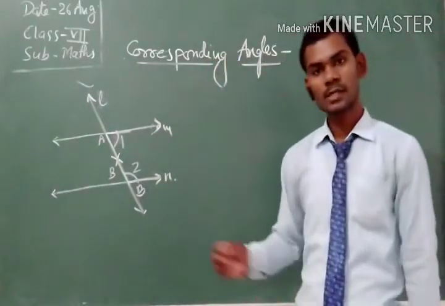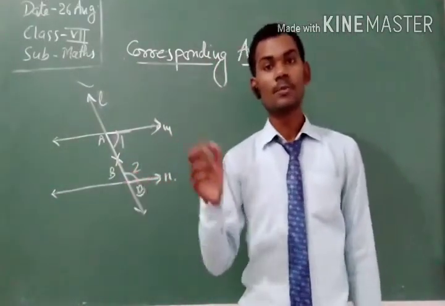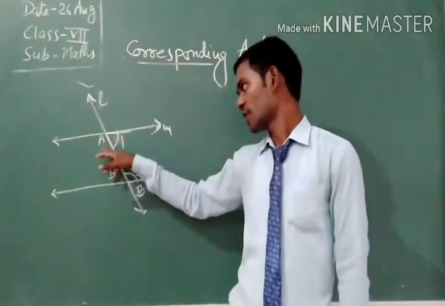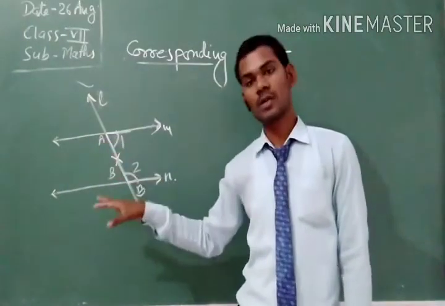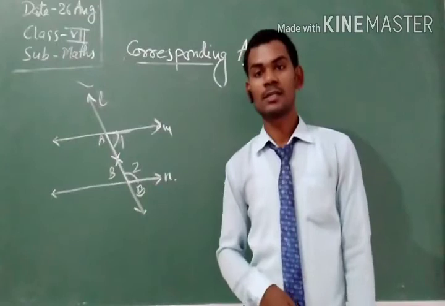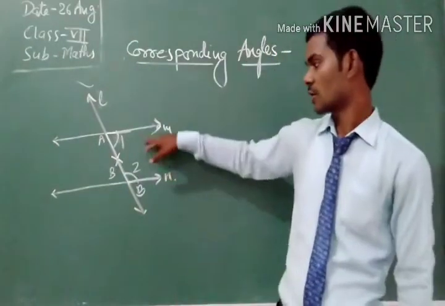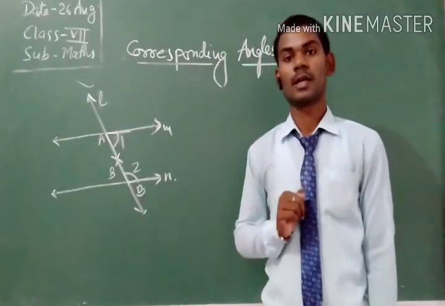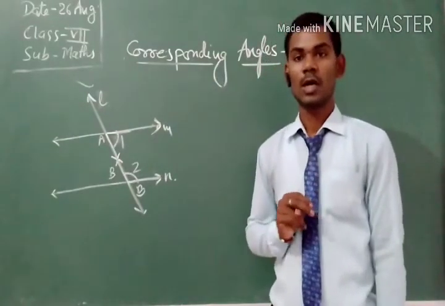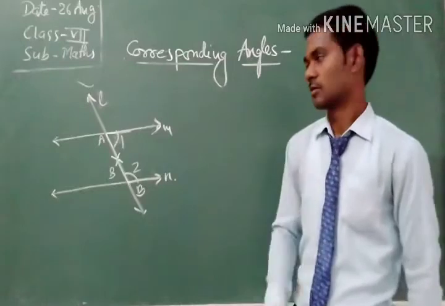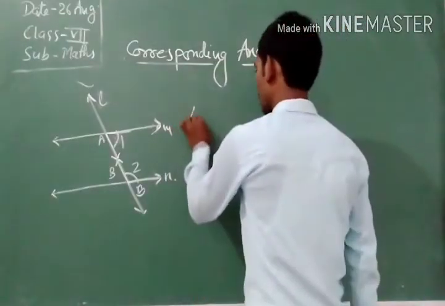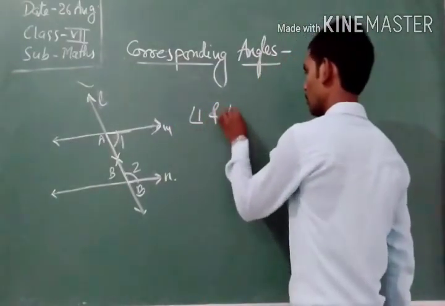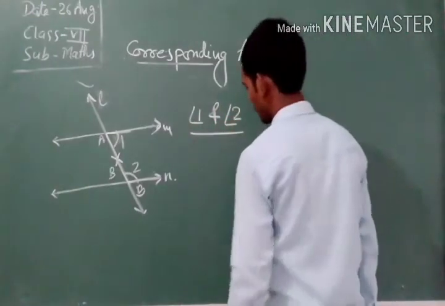It is obvious that they include the line segment AB because their other arm is already formed by this line segment. So we can say that angle 1 and angle 2 are corresponding angles. Here we can write: angle 1 and angle 2 are corresponding angles.